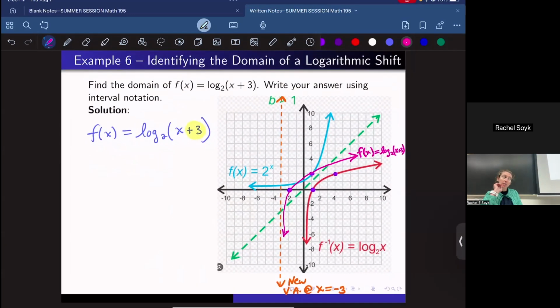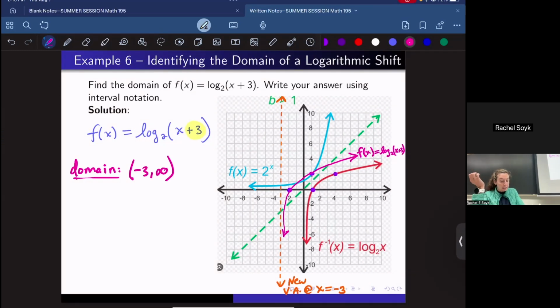Does everyone see that? And so last but not least, what's our domain here? What are all of our possible x values? It'll never hit -3. So we're going to have a soft bracket there. And then what about our highest x value?